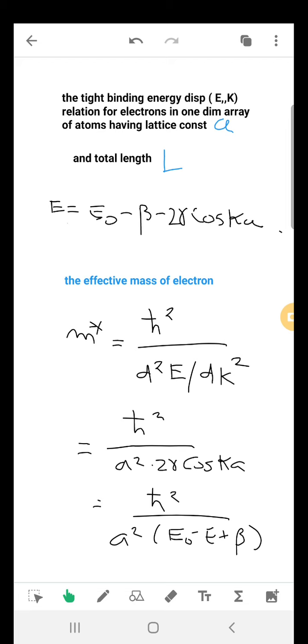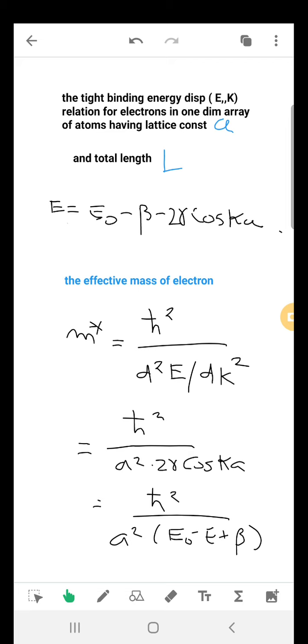Now, according to the tight binding approximation, the energy dispersion relation, that is the E-k relation, for electrons in a one-dimensional array of atoms having lattice constant a and total length L is given as E is equal to E0 minus beta minus 2 gamma cos ka. So what will be then the effective mass?